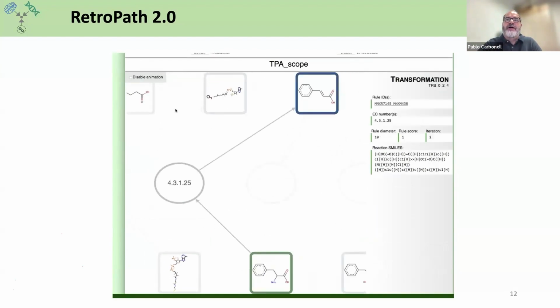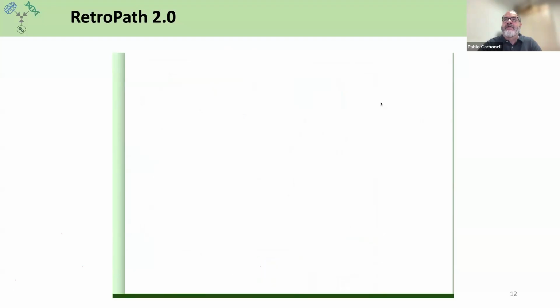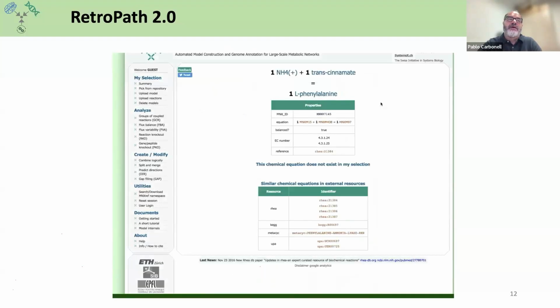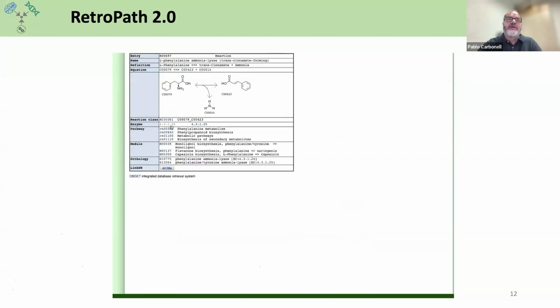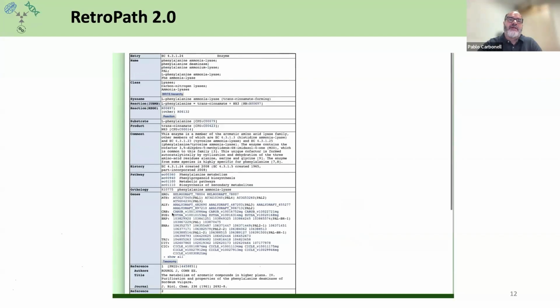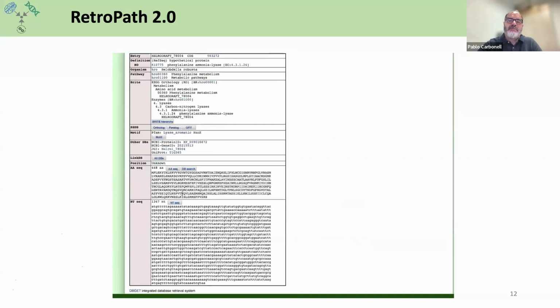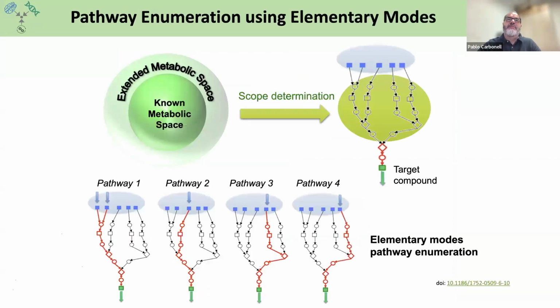So we can have a clear idea of what will be the enzyme sequences that potentially could catalyze this reaction. So that is a first step that helps us to determine the ways of producing the target product.